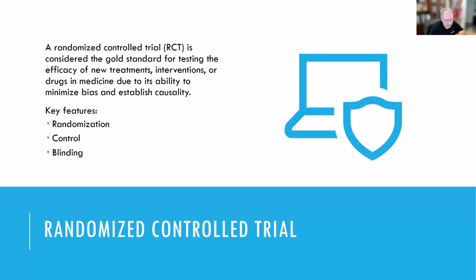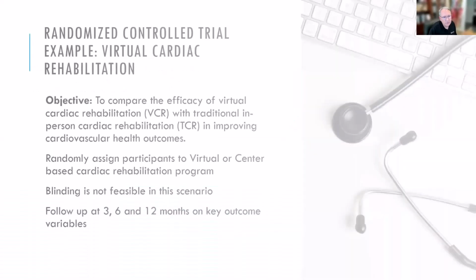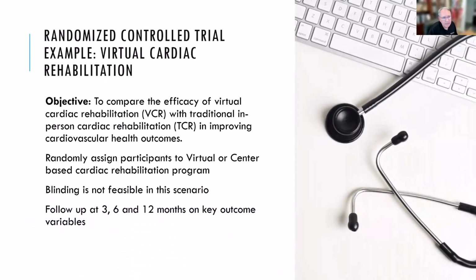In a typical classic case with a drug study, it's randomized, it's controlled, and it's also blinded. In some cases, like using digital tools, it's very hard to blind. In my example here, a randomized clinical controlled trial of virtual cardiac rehab, you really can't blind because the participants know they're in the program and the observers know they're in the program. So it's not feasible.